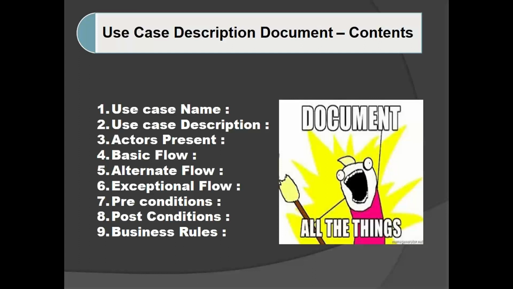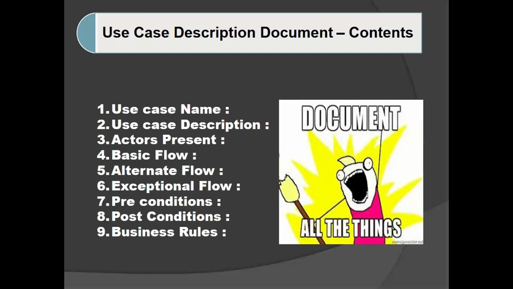Okay. The next one is business rules. Business rules are the rules that are incorporated by the company or state. For example, if I say the minimum balance should be 5,000 rupees, that is one business rule.